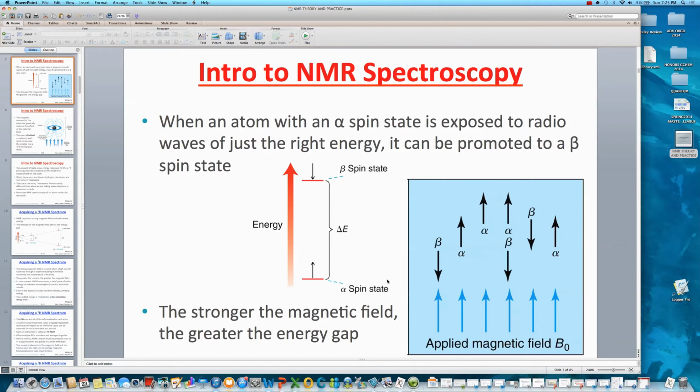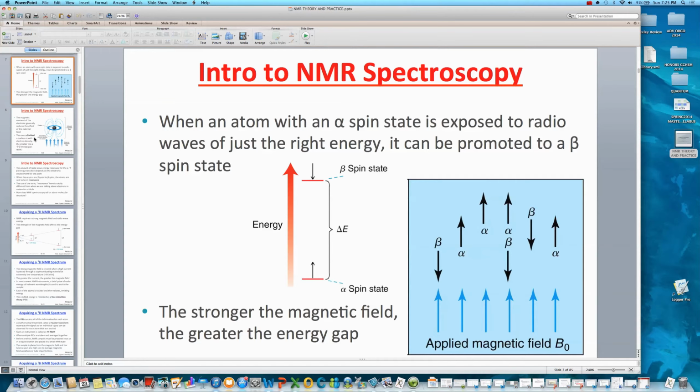These hydrogen atoms and other NMR active atoms will be very sensitive to their environment, and that's what allows us to correlate the mathematical values of these peaks with a given molecular structure.